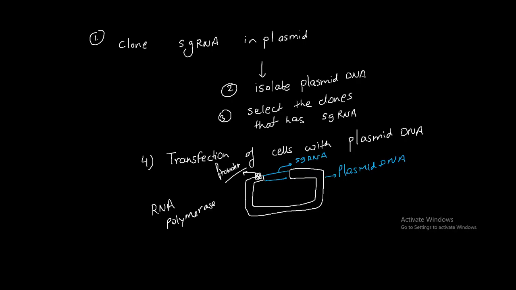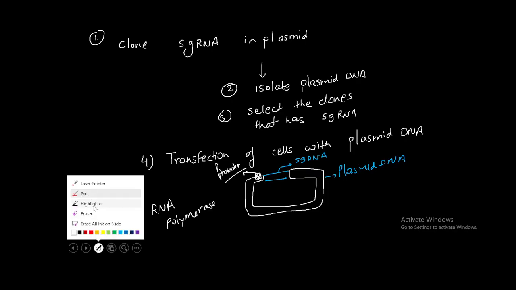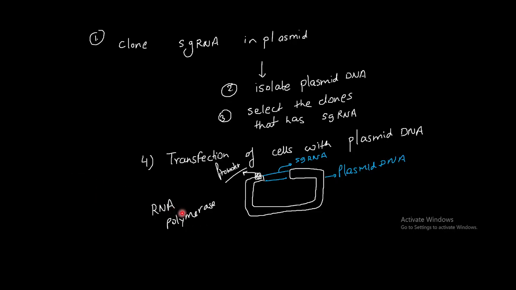So this RNA polymerase, basically what it will do, please listen very carefully because it's a critical point. Once this RNA polymerase binds to this promoter sequence, it will initiate the transcriptional process by using this strand as the template strand.